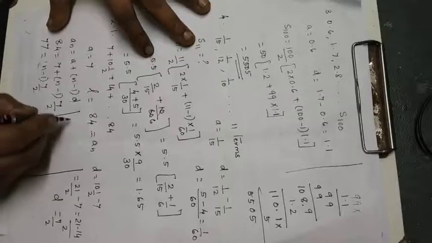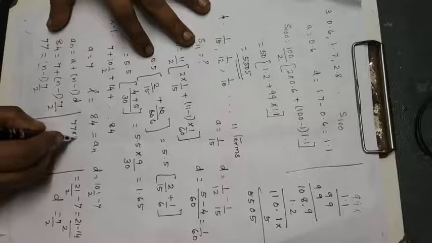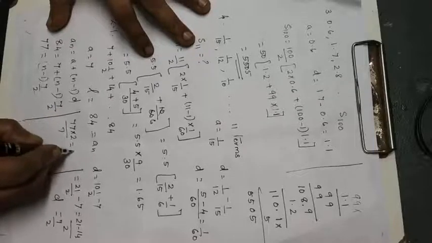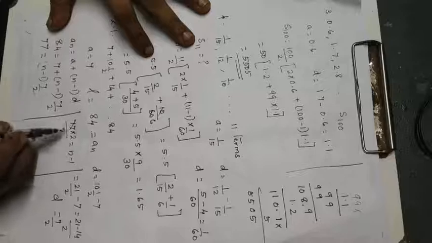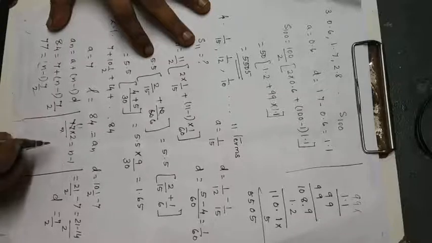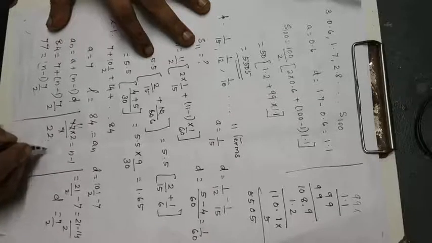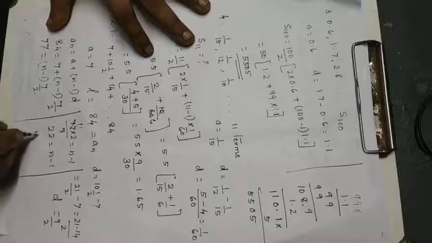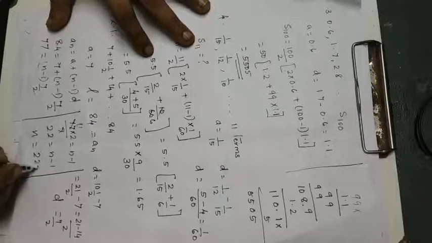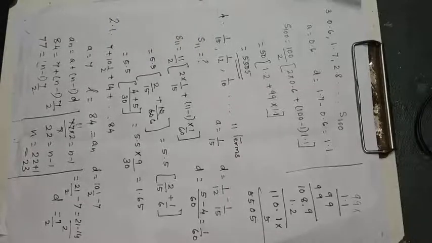Cross multiply, 77 into 2 by 7 is equal to N minus 1. So it is 11 into 2, 22 is equal to N minus 1, or N is equal to 22 plus 1, 23 you will get. N you got. Now find out Sn.